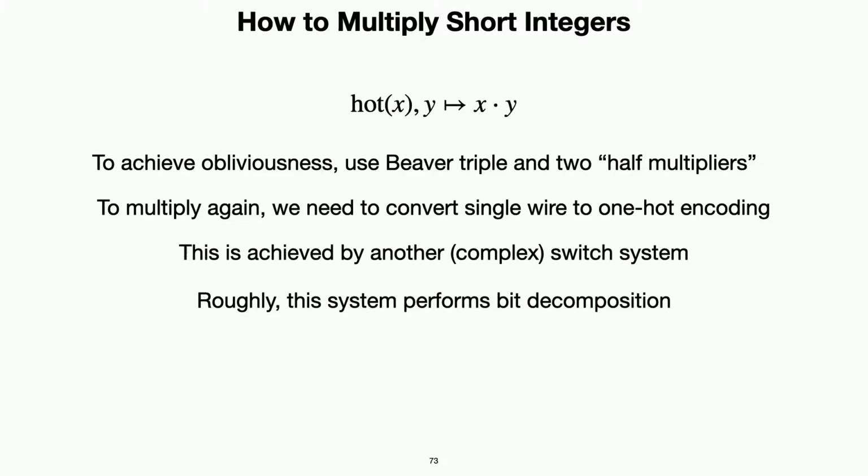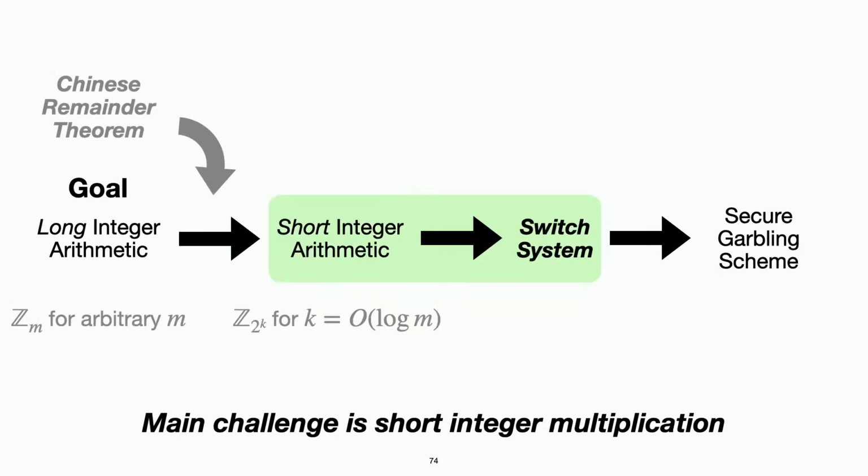Roughly, that system does some kind of bit decomposition on x, and simultaneously turns it into a one-hot encoding. And again, this is the heart of how to do arithmetic garbled circuits in Minicrypt for any depth circuits, where all you have is a hash function.